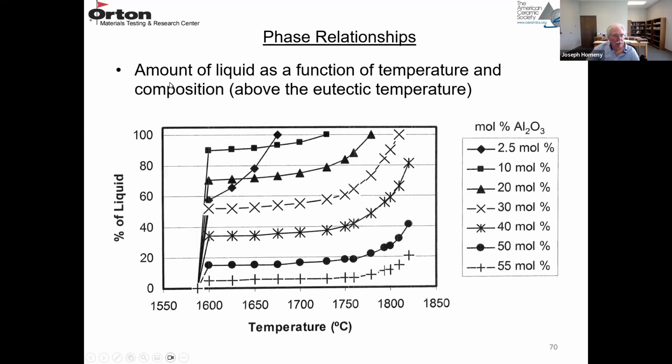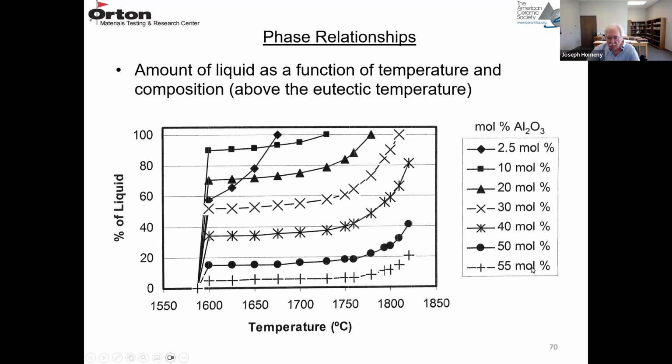So this is the plot of the amount of liquid as a function of temperature. So percent liquid from 0 to 100, and the temperature from 1550 to 1850 degrees C. And here's your solidus curve right here. So we're at temperatures above the eutectic.